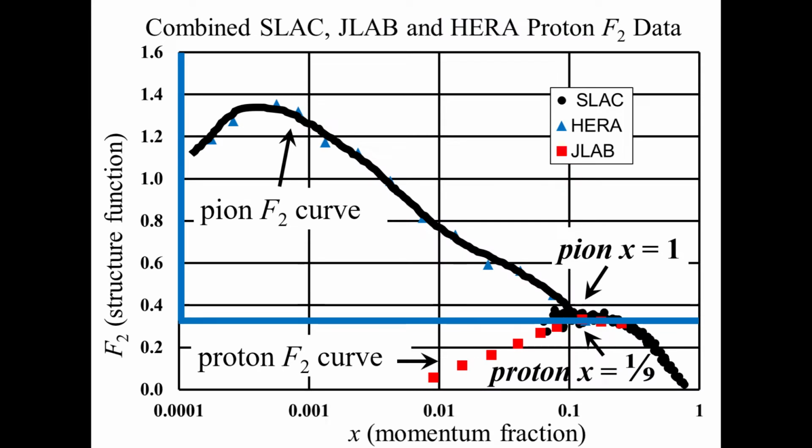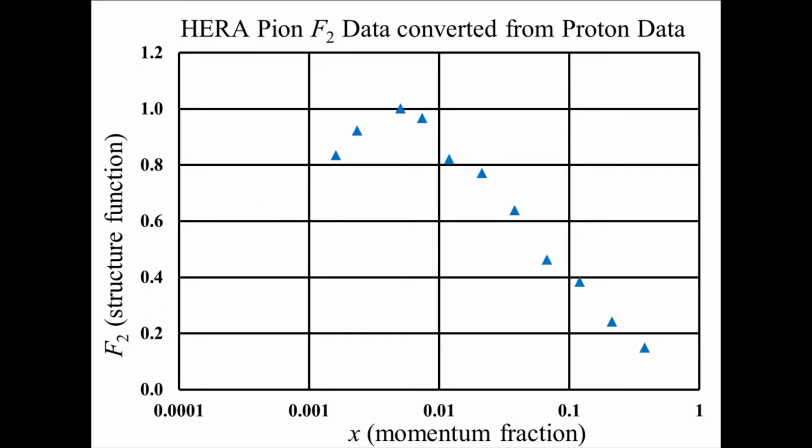Scaling the momentum fraction of the HERA curve so that a proton momentum fraction of 1/9 is 1 on the new pion curve, and subtracting the proton F2 value at x equals 1/9, about 0.36, from the HERA F2 values of the curve to adjust the proton F2 value at x equals 1/9 to 0 to represent a whole pion, creates the pion F2 curve.